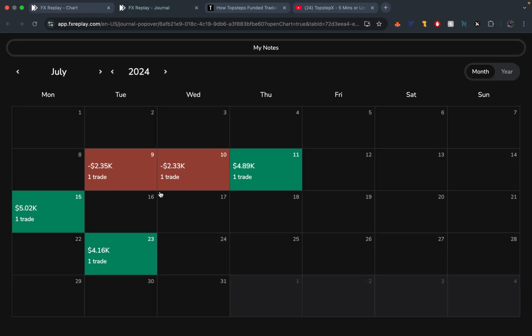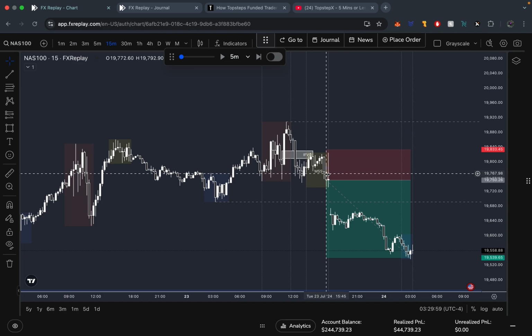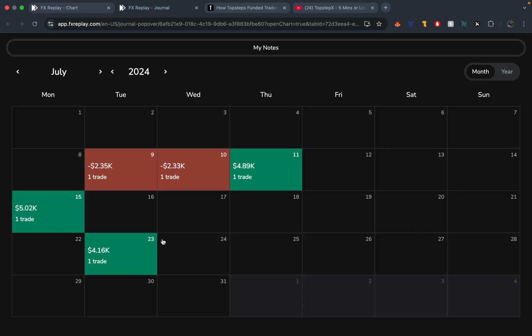As you can see, since the last trade I took, that's been 1, 2, 3, 4, 5 trading days. And well, when did we actually get in on this trade? Got into this trade on Tuesday and it hit TP on the Wednesday.